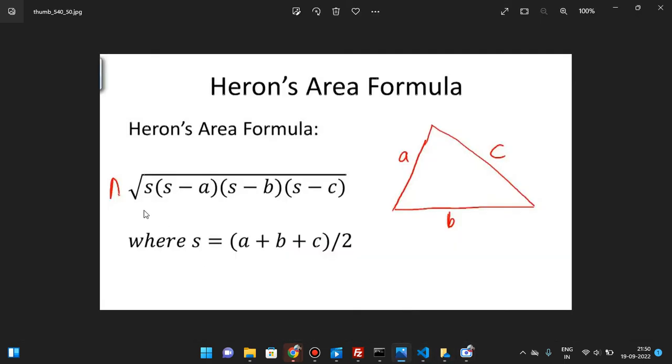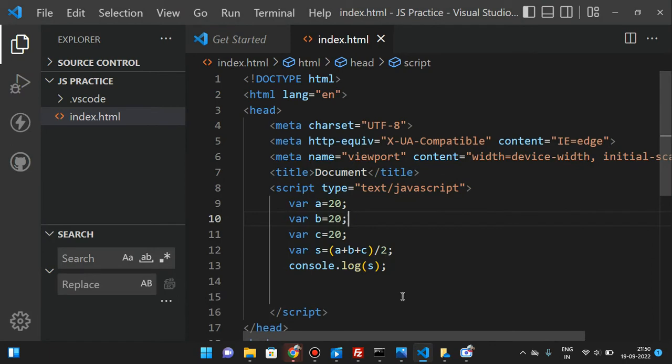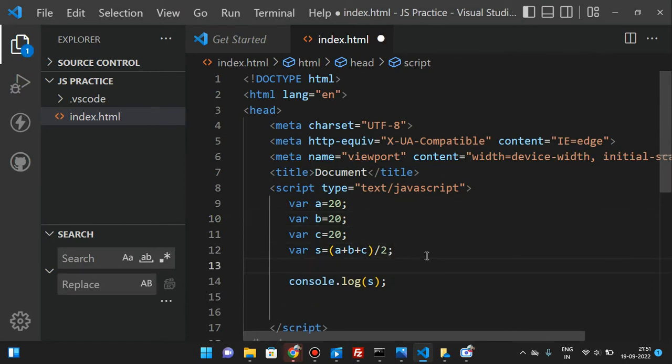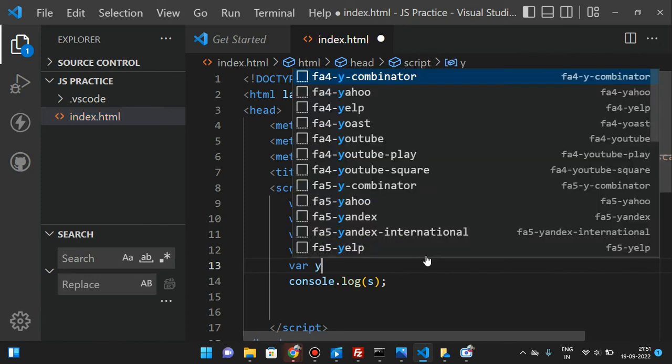Okay, after that what is the formula? Square root of s minus a, s minus b and s minus c. After that I take another variable, this name is y.